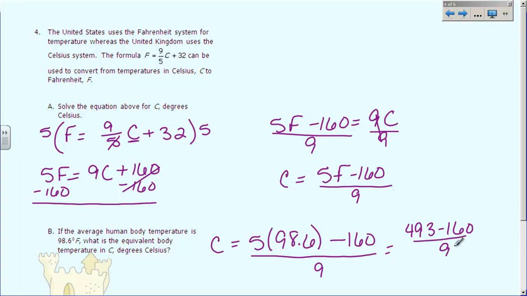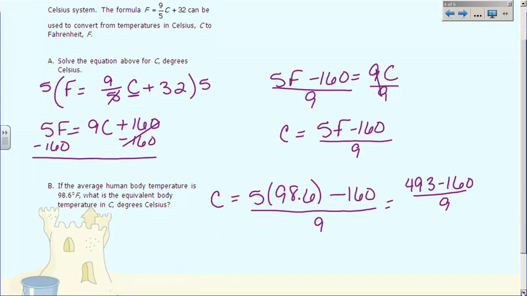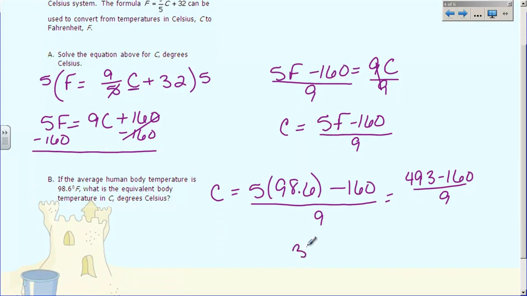So I subtract my 160. And so I get 333 divided by 9. Which gives me 37. So the average body temperature in Celsius for a human is 37 degrees, where in Fahrenheit it's 98.6.